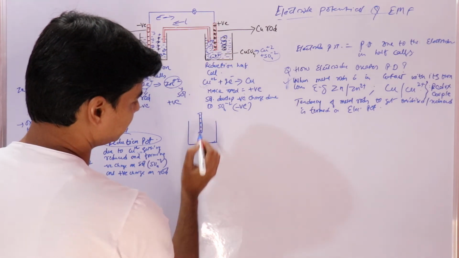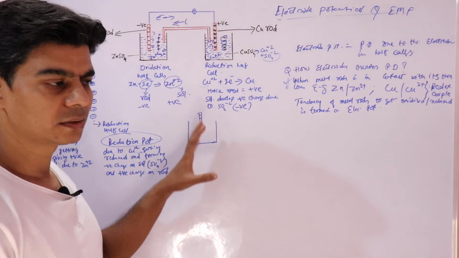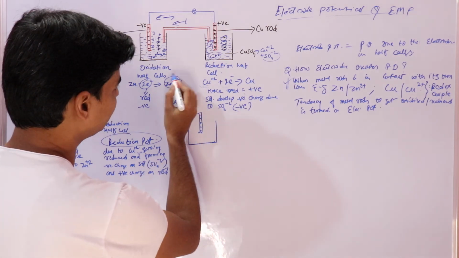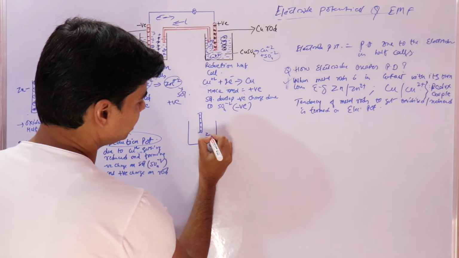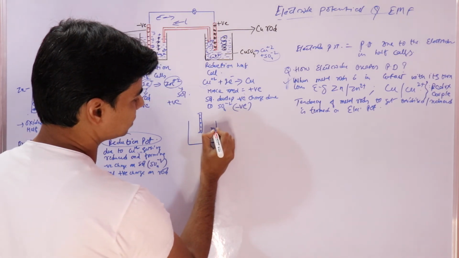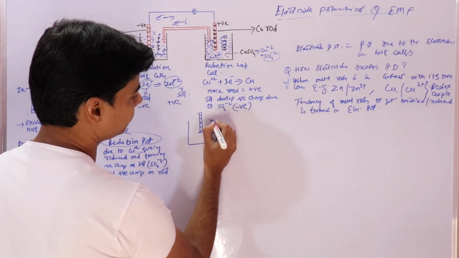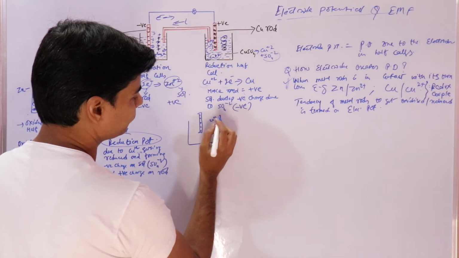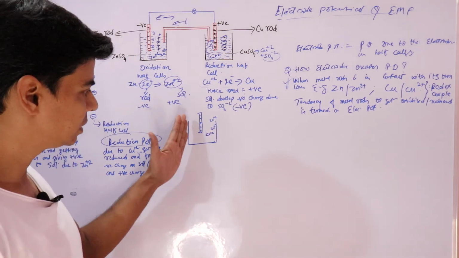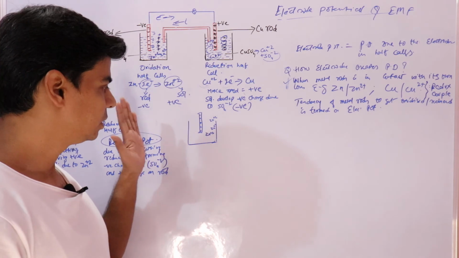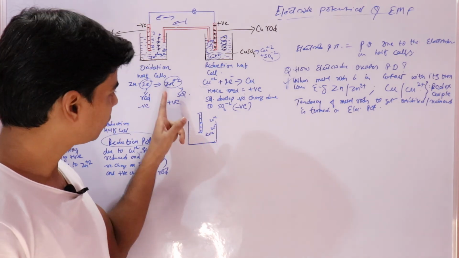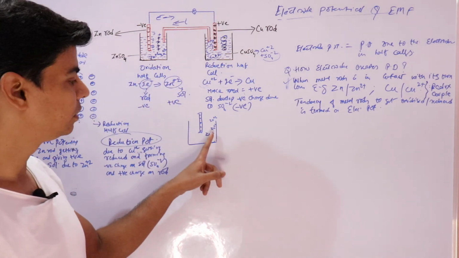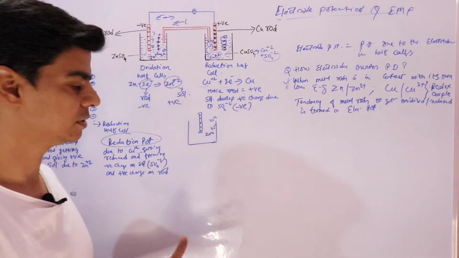When zinc atoms are getting oxidized and entering into solution as zinc ions, initially we have less number of ions. So when we have less number of ions, this zinc rod is increasingly getting oxidized and entering into solution as zinc ions.